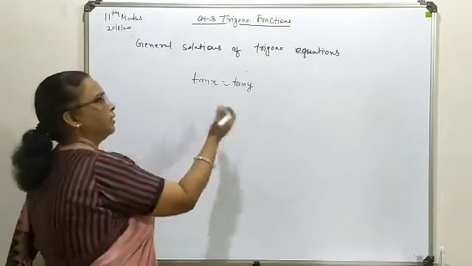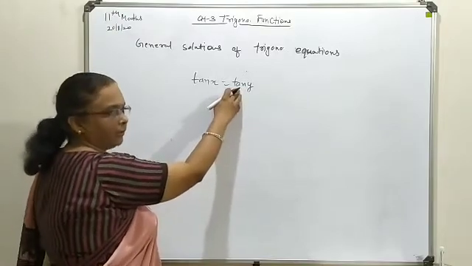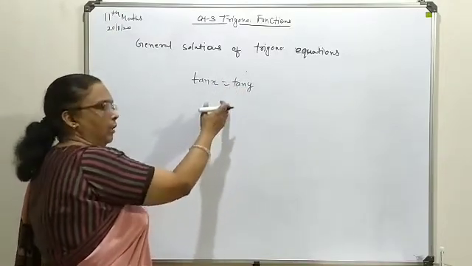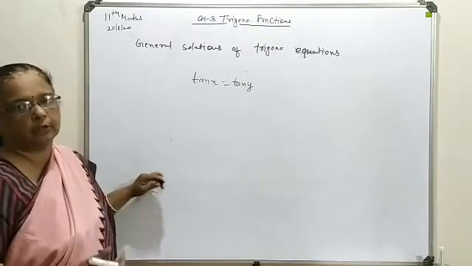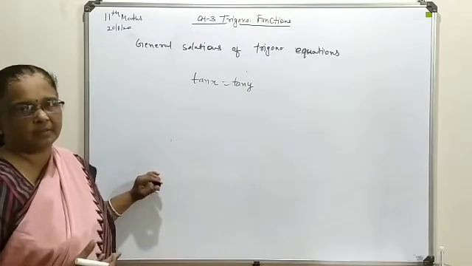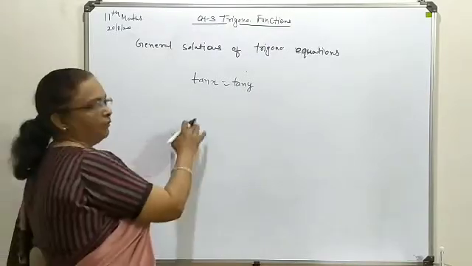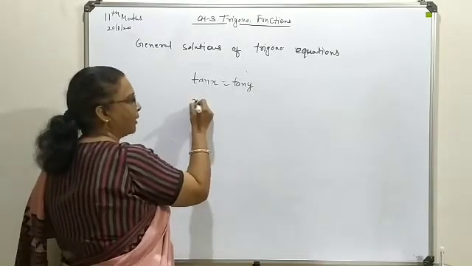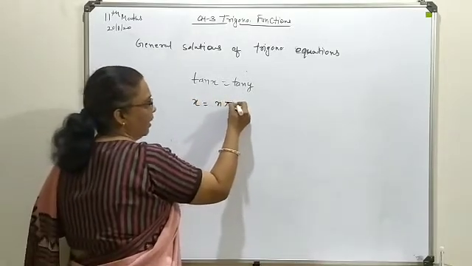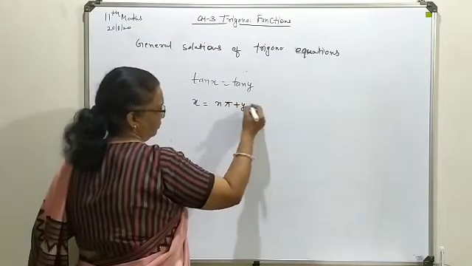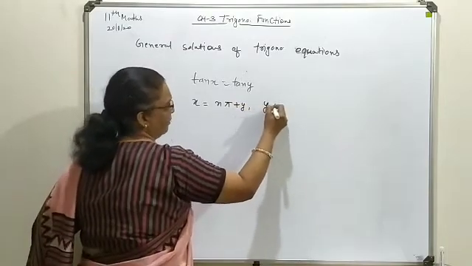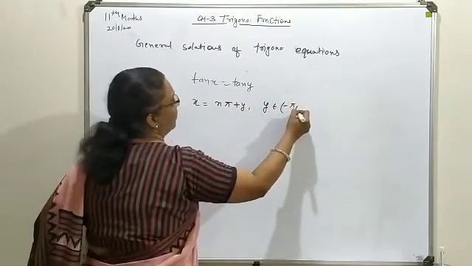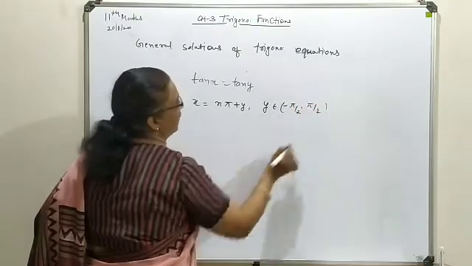Any value which is available as a numerical value, you compulsorily have to convert into the form of tangent and the respective angle, and then you define your general solution as x is equal to n pi plus y, where in the normal case y belongs to the open interval minus pi by 2 to plus pi by 2.